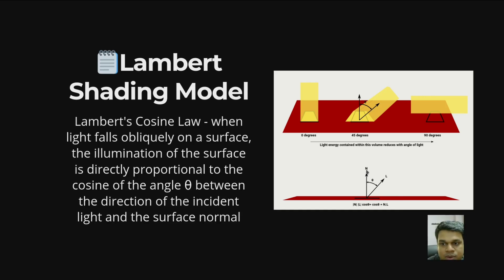The theta is the angle made between the normal and the light, and the amount of light which is falling is directly proportional to, or in other words, you can find out how much light is falling by finding cos theta.